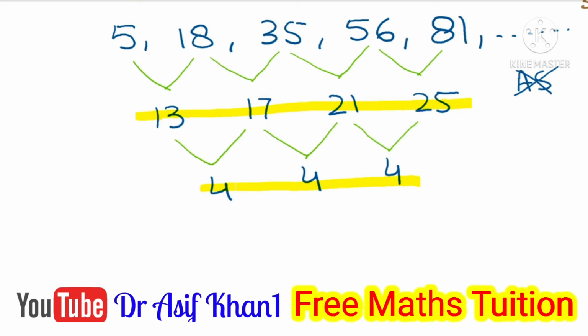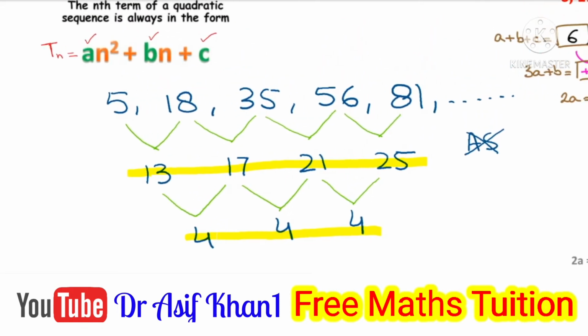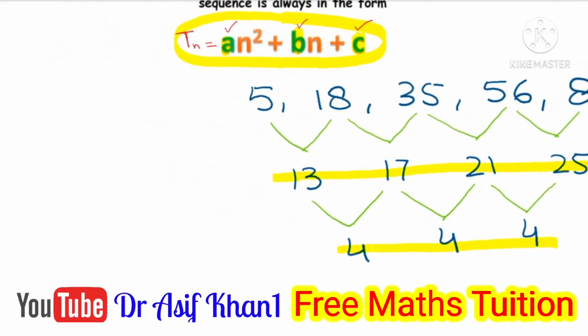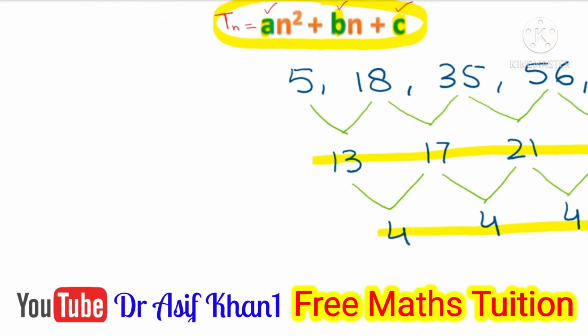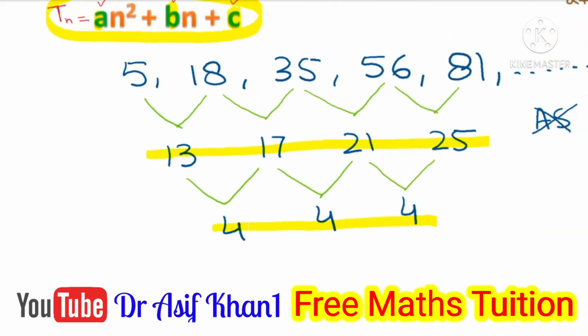Now for the quadratic sequence, as we know, this is the formula. But for this we need the values of a, b and c. Now we will find the values of a, b and c with the help of these. For finding the values of a, b, c, you have to write 3 equations. In all of these questions, you write these equations.